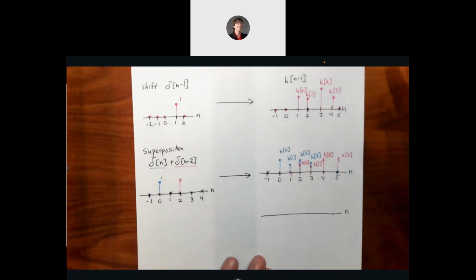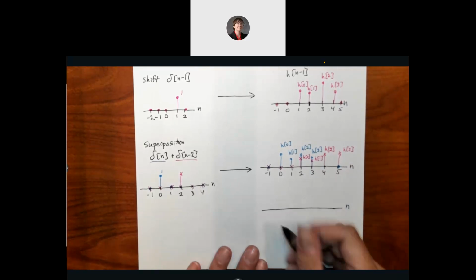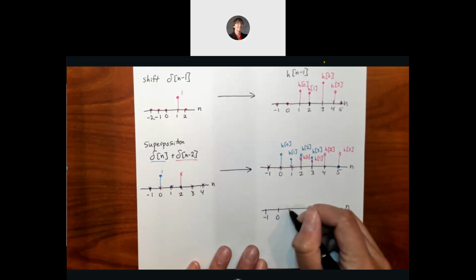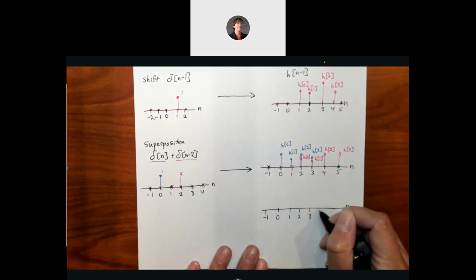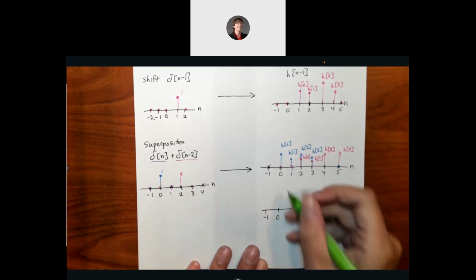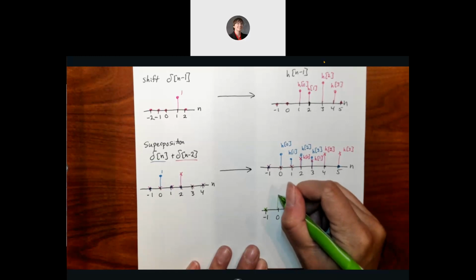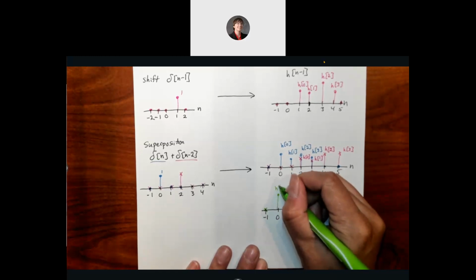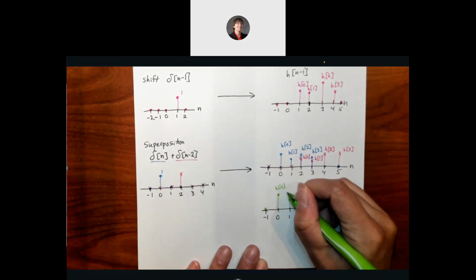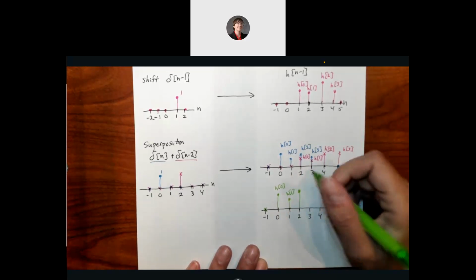So that means that my overall output is going to be the combination of these two individual outputs. And so what I would get, 0 plus 0. Here we have just h of 0, just h of 1.